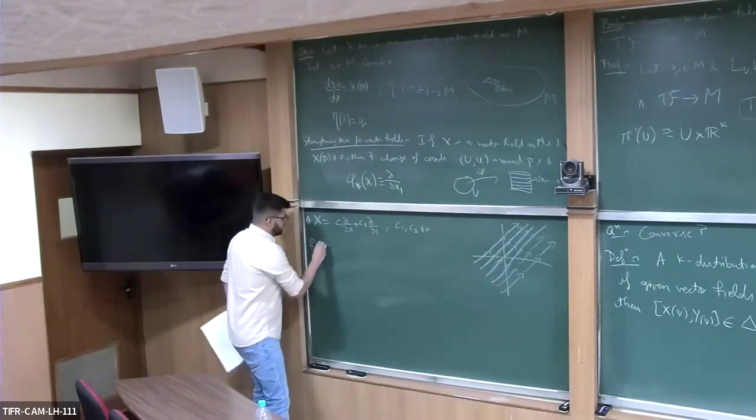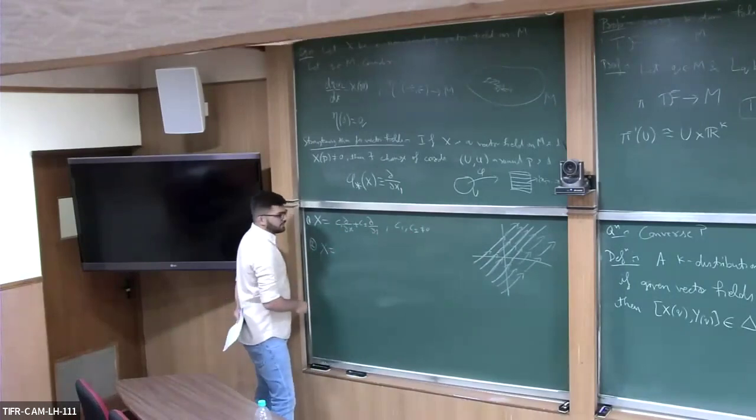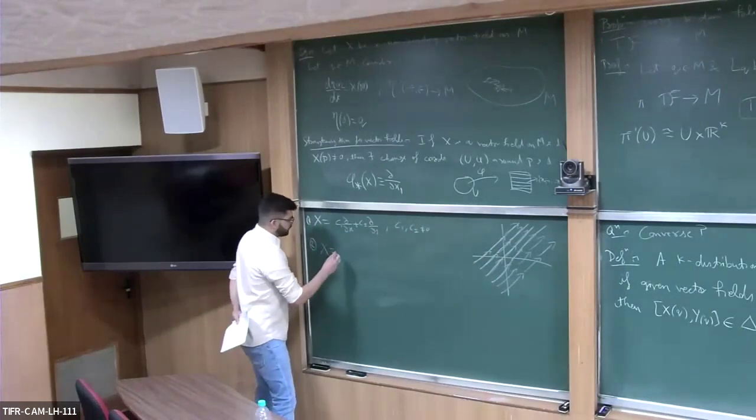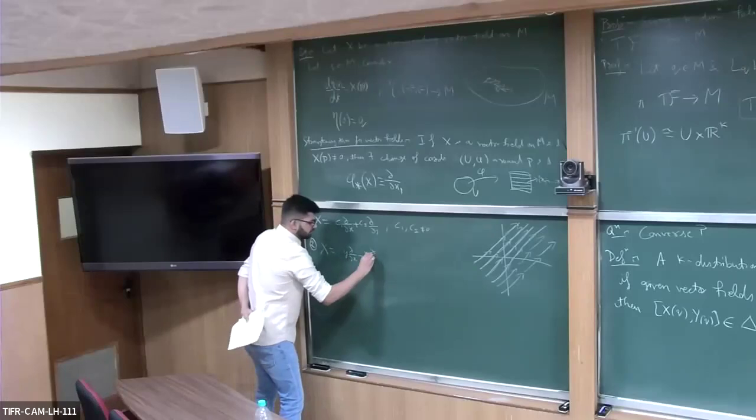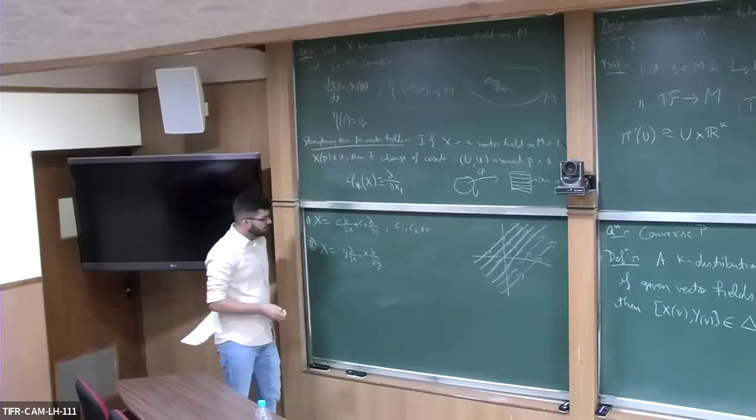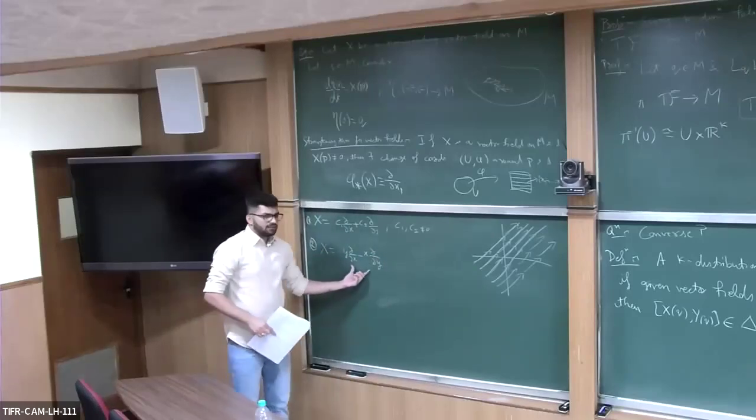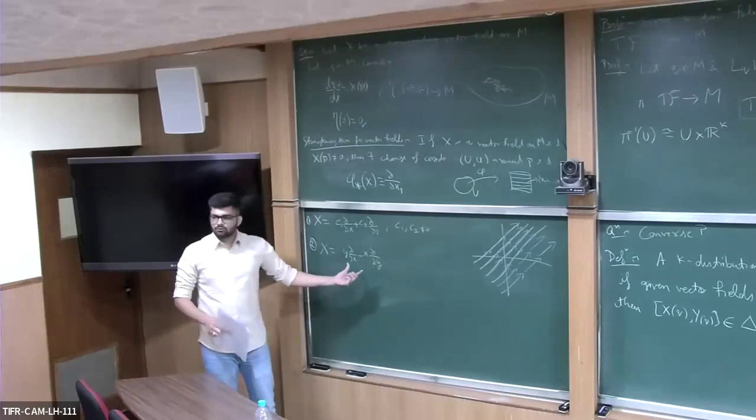Let's take another vector field. This time, let's take a bit more difficult one. So this is y ∂/∂x minus x ∂/∂y. This vector is actually orthogonal to the radial vector at each point, right?